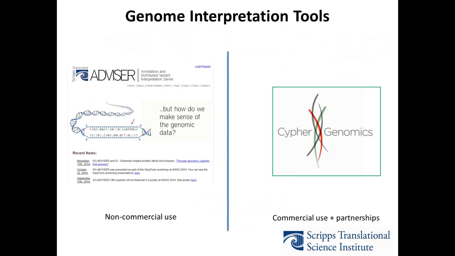So we've built this tool, Scripps Genome Advisor, available as a web service for variant annotation. You can think of it as something similar to the myvariant.info that Andrew, I believe, or Chun-Li presented previously. And then we have a commercial version of the software as well.